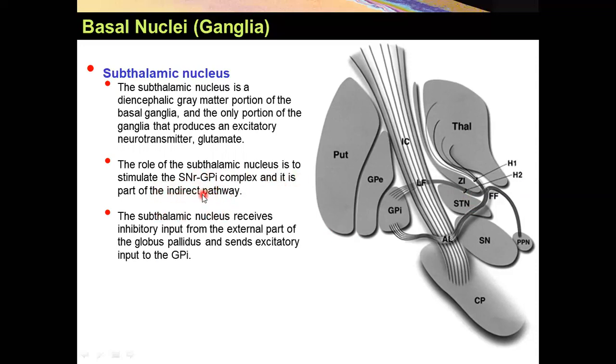We cannot talk about the direct and indirect pathways that activate or inactivate the cerebral cortex. The subthalamic nucleus receives inhibitory input from the external part of the globus pallidus and sends excitatory input to the GPI.